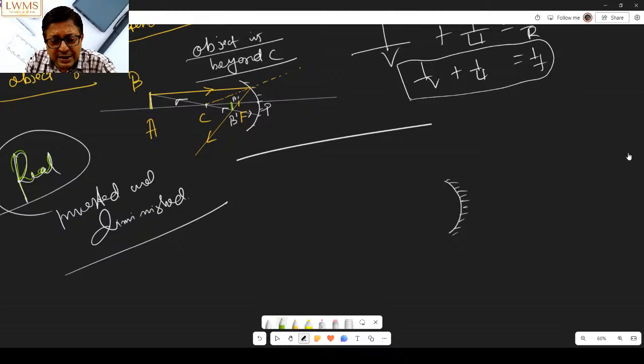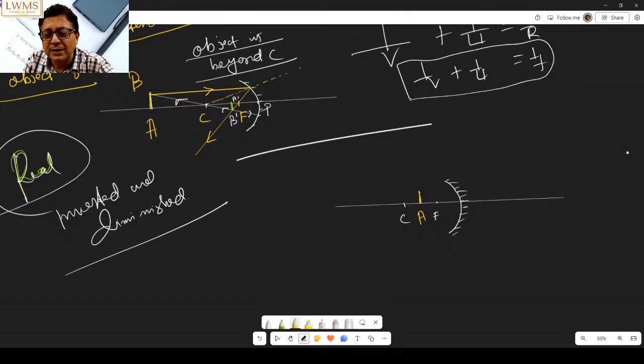Object is extended, and we are keeping it, say this is the focus, this is the center of curvature, we are keeping it here. Understand what I said? This is the object AB. How is the image going to be formed for this object?